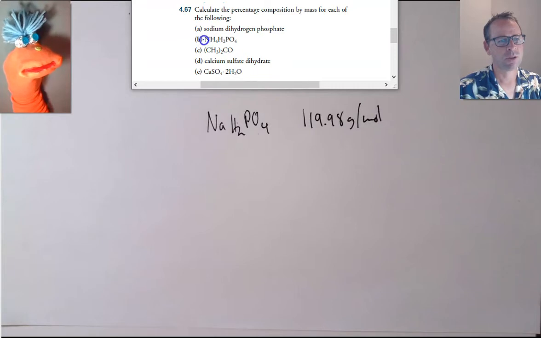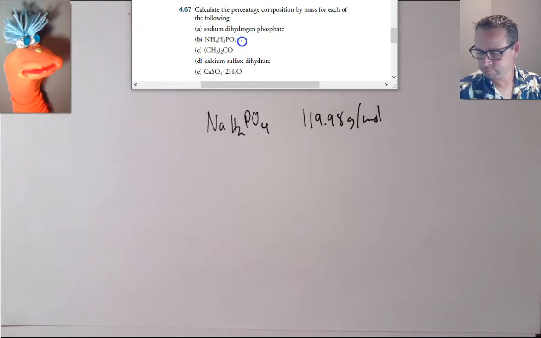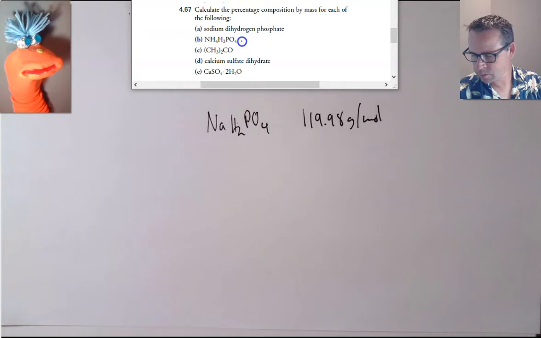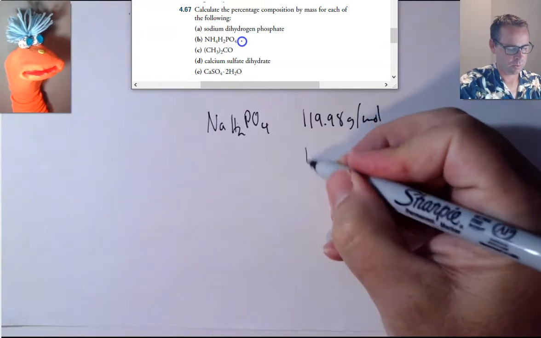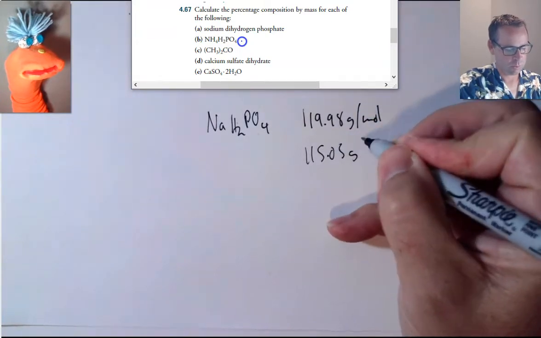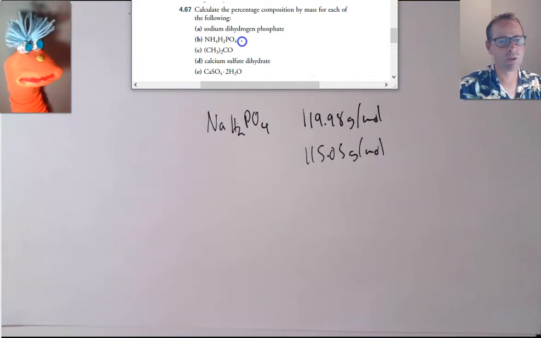Very good. So here's ammonium dihydrogen phosphate. What's the molar mass of ammonium dihydrogen phosphate? Double check and make sure. The molar mass of ammonium dihydrogen phosphate is 115.03 grams per mole. Then what? 1 nitrogen, so that's 14 divided by that times 100 to give us percent nitrogen.